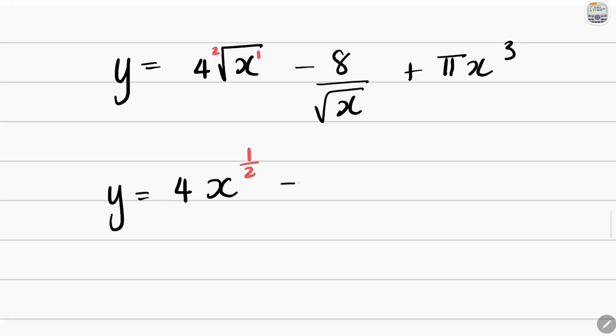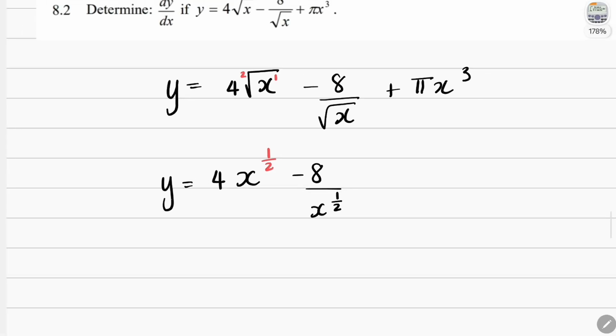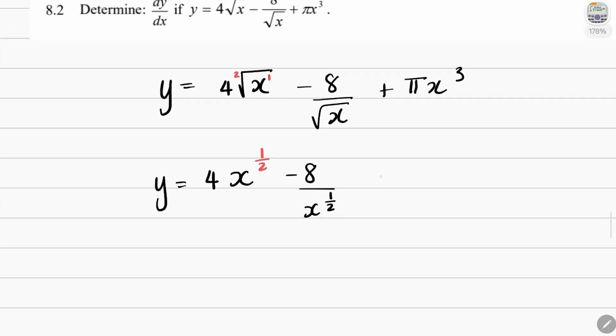Then minus 8, and now we have the square root of x. If you first rewrite that as x raised to the power of 1 over 2, and then you move it to the numerator, you'll see that the exponent will become negative. So it shouldn't be in the denominator. We'll move it up to the numerator, and so it becomes negative 1 over 2 as the exponent. And then this is fine. There's nothing wrong with this.